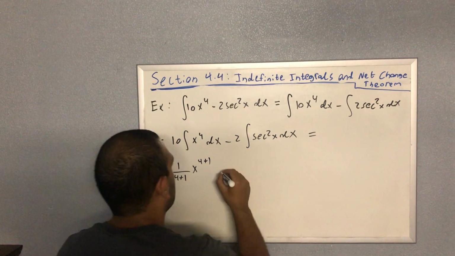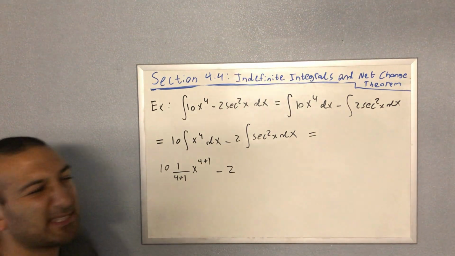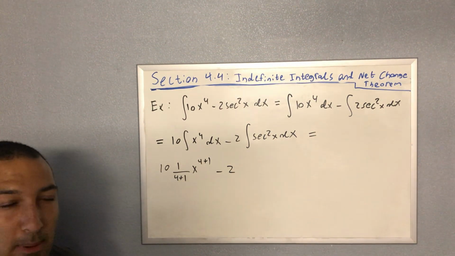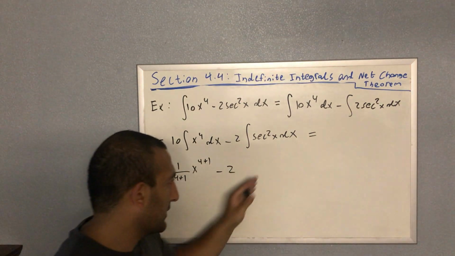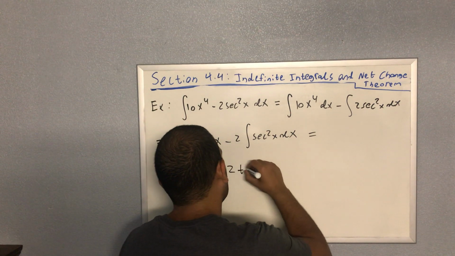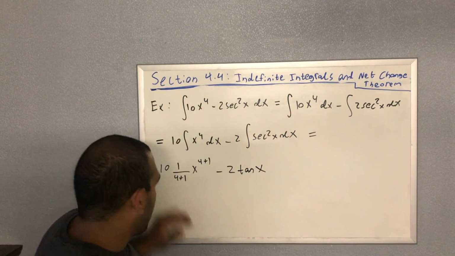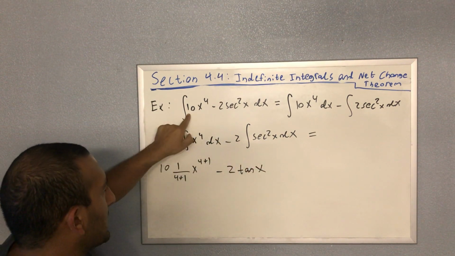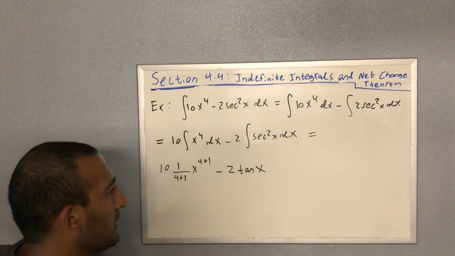And then minus 2 times, what was the integral of secant squared? So remember, the derivative of tangent is secant squared. So this thing should be tangent, right? The idea is, if we take the derivative of the final answer, we should get this back, which will be a nice check. We'll do that.